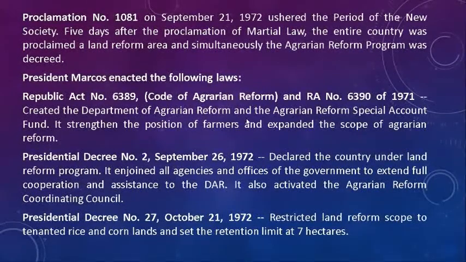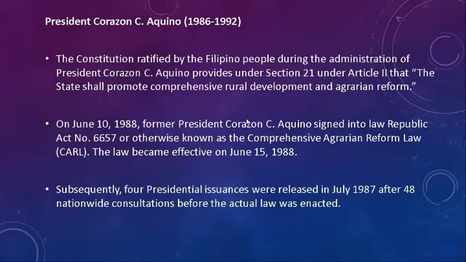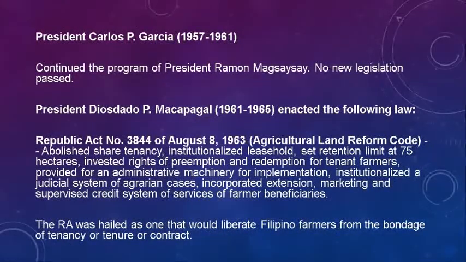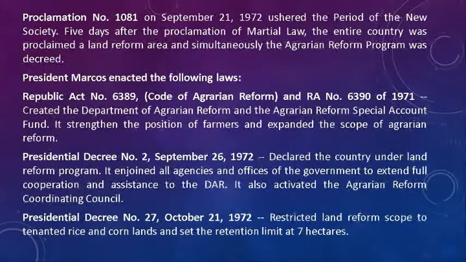And during the time of Marcos, there were also several laws enacted, but on September 21, 1972, there was this Proclamation 1081, which ushered the period of the new society 5 days after the proclamation of martial law.